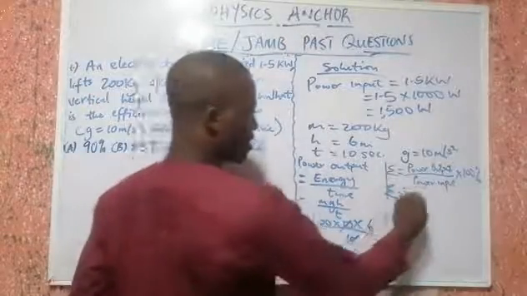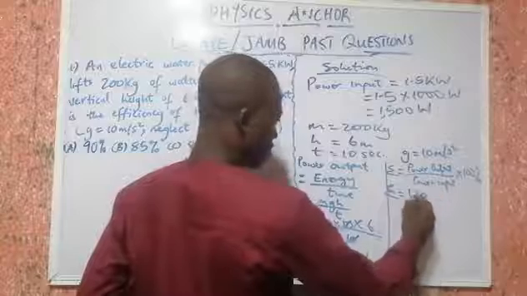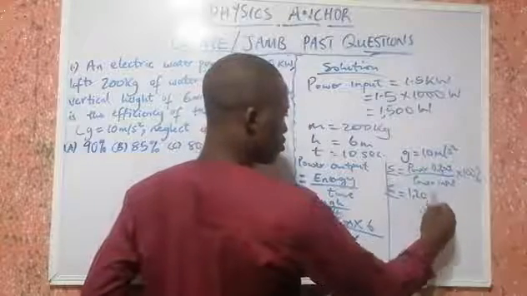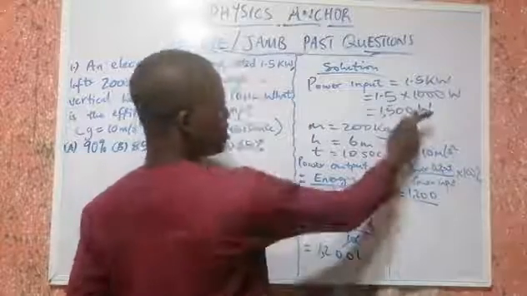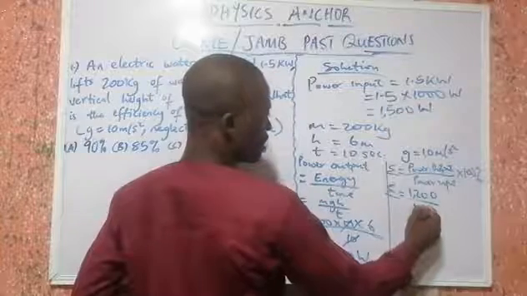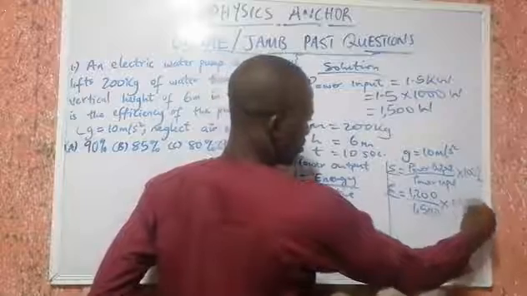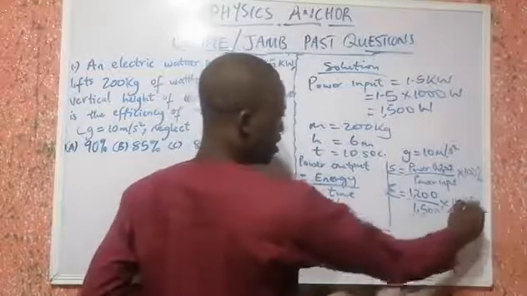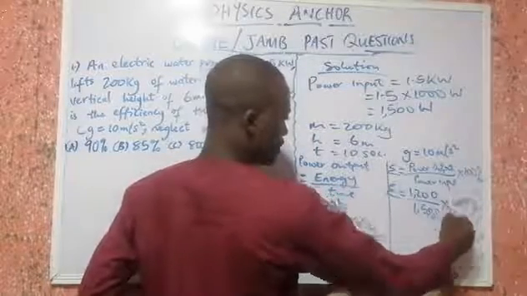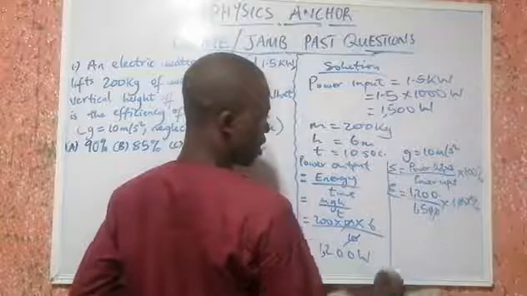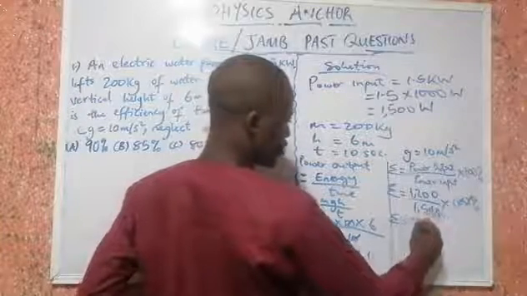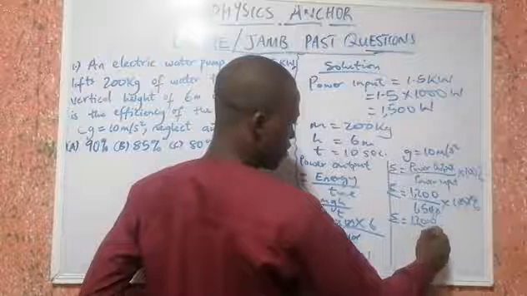Our power output is 1,200 over our power input, which is 1,500, times 100%. So 0 cancels 0, 0 cancels 0. So I have efficiency equals 1,200 over 15.